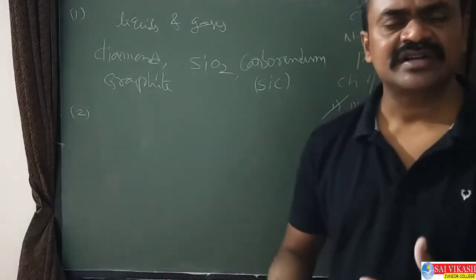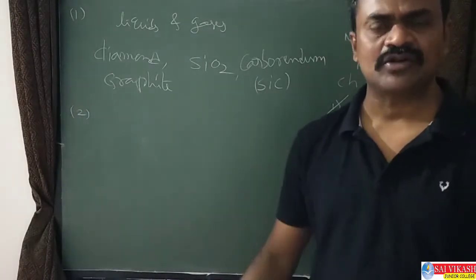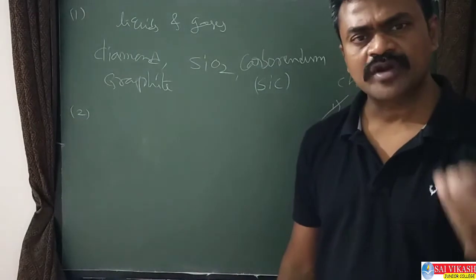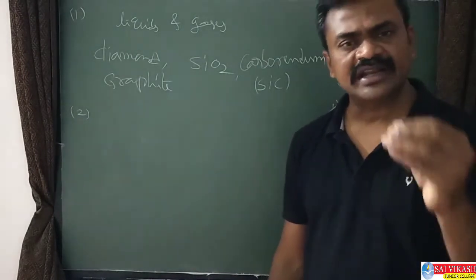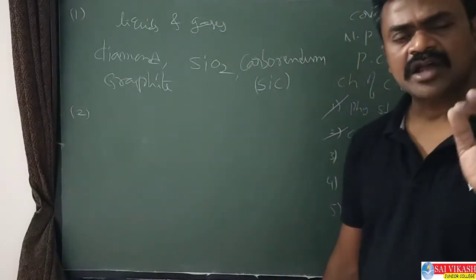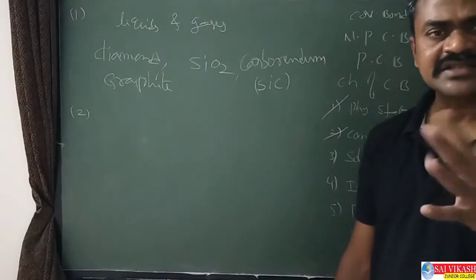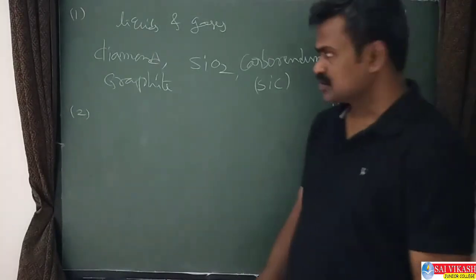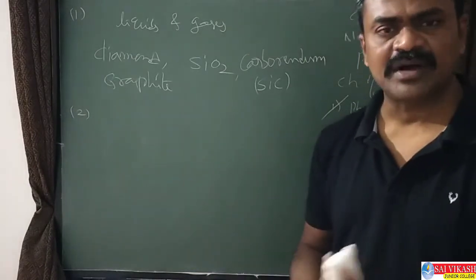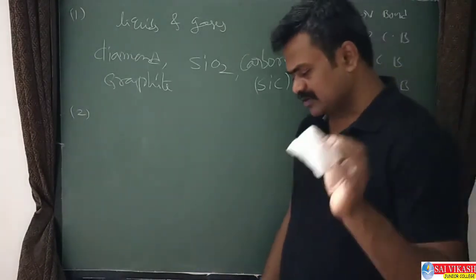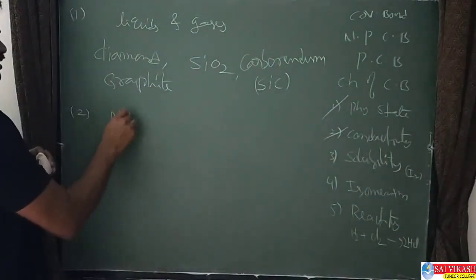Mutual sharing of electrons means very little charge develops. Even if it is a polar covalent bond, the charge formed is very little. So almost all are non-conductors of electricity. Current is not passing through them. So hydrogen H2, current is not passing. F2, current is not passing. So all the covalent compounds are non-conductors of electricity.